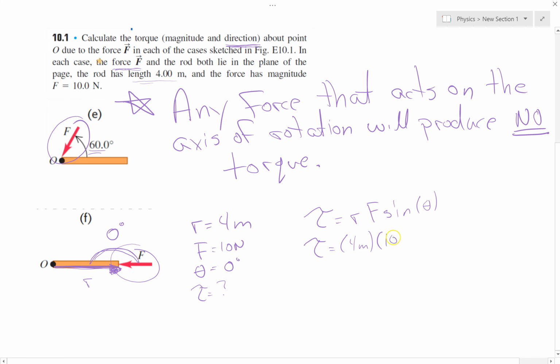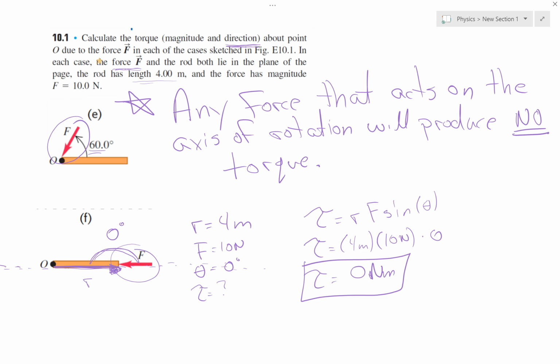And just like in the last problem, anything times 0 is 0. On top of that, if we remember our line of action definition, I could make a line that passes through my force, and I could move that force anywhere on this line, and I could actually put it right on top of my axis of rotation. And that would look exactly like the last problem.